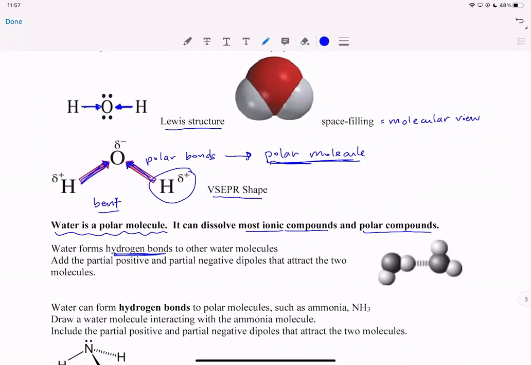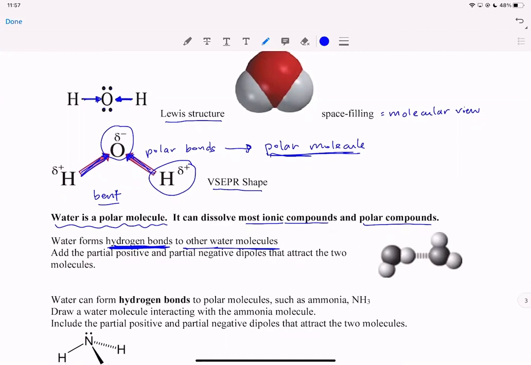So it can never be within one molecule. So even though you have partial positive and partial negative on one molecule, the partial positive and partial negative for hydrogen bonding has to be between other molecules. So when water forms a hydrogen bond, it is going to be to a different water molecule or a different polar molecule or a different ionic compound.